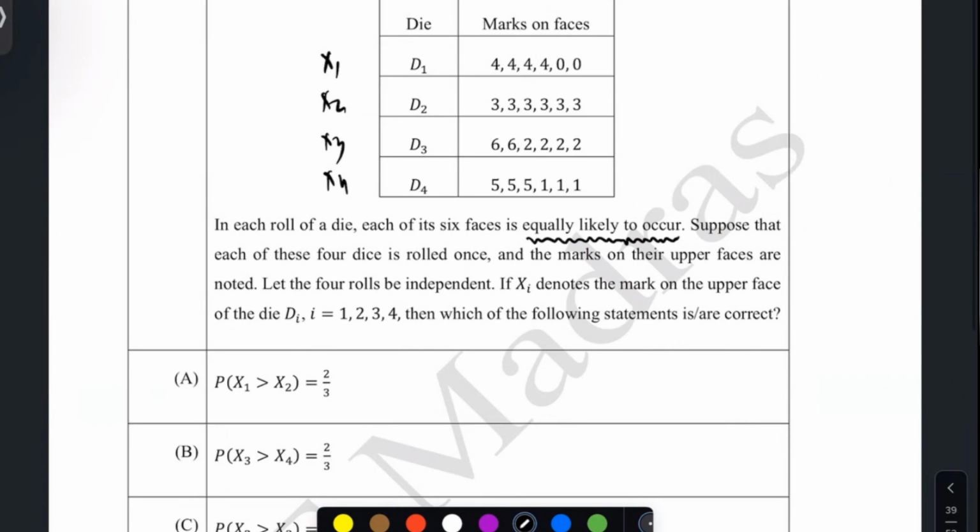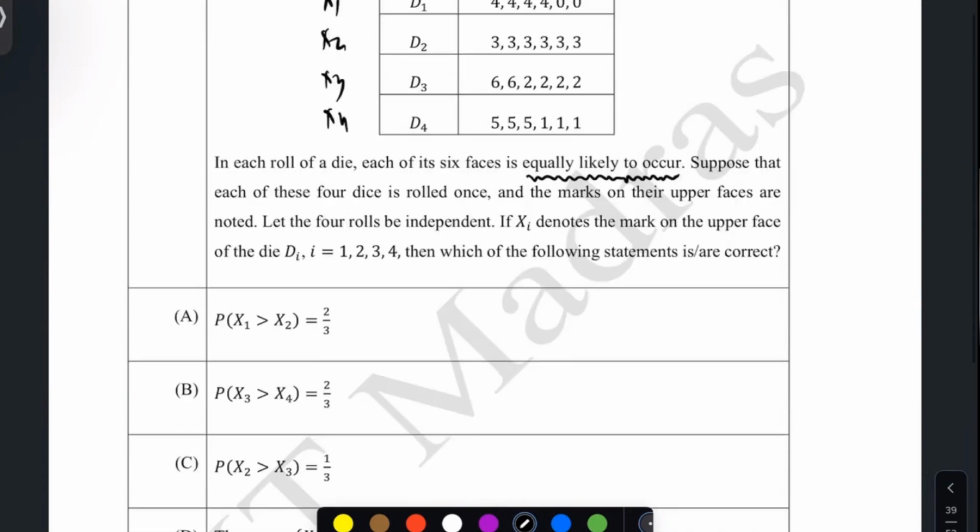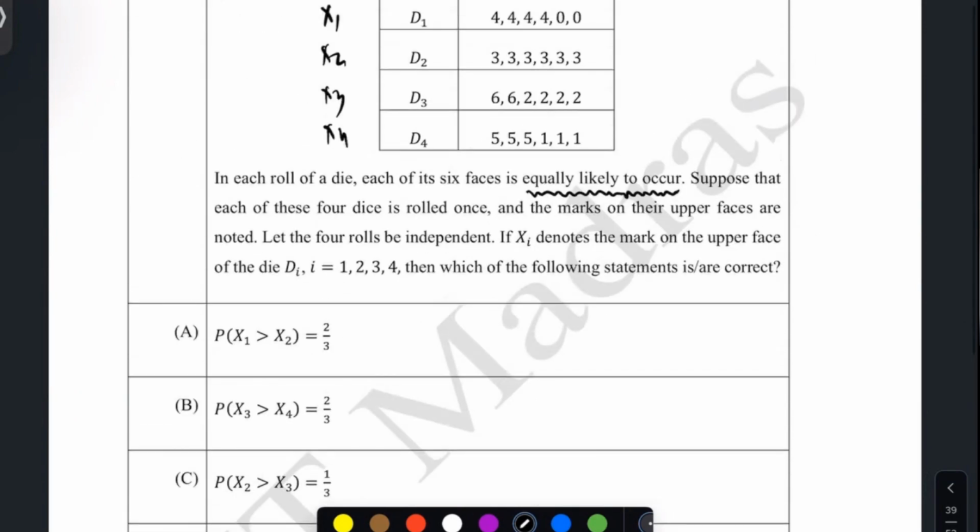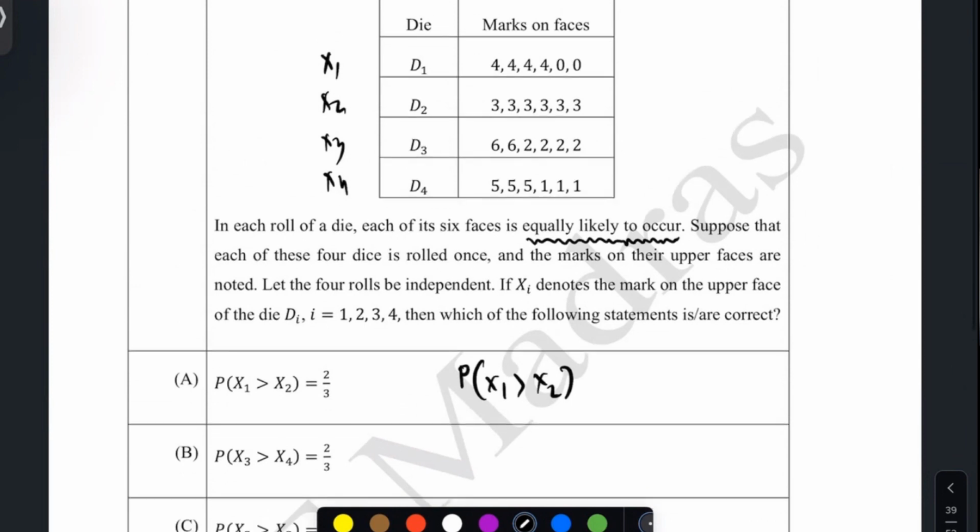So let's try to understand. Essentially, it's asking for different probabilities. First, the probability of X1 greater than X2. If X1 is greater than X2, it can only be when 4 comes up, right?